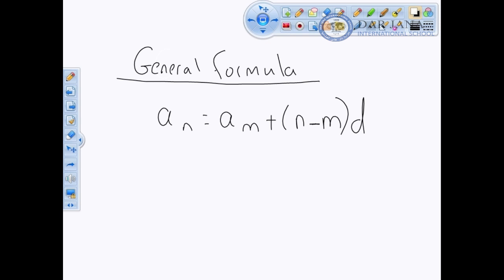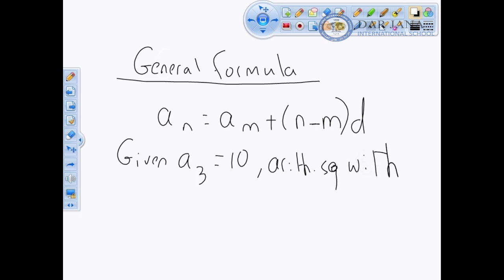So here, as an example, given a3 is equal to 10, and we have arithmetic sequence with common difference is equal minus 1. Find A12.